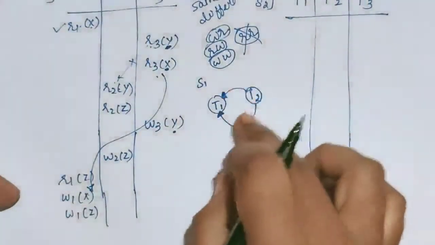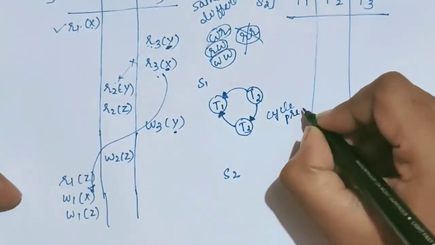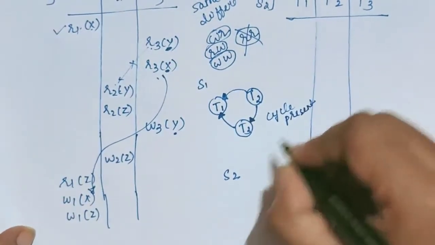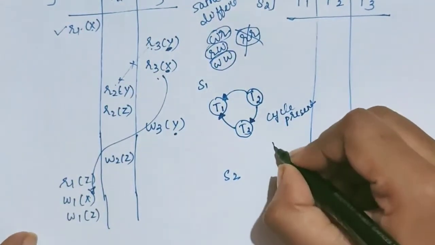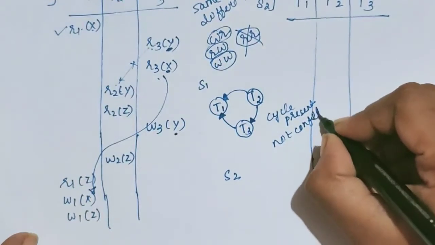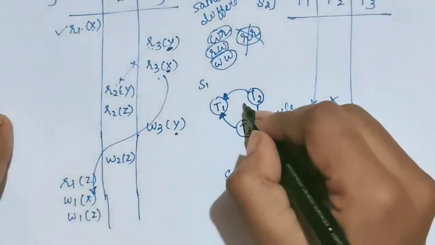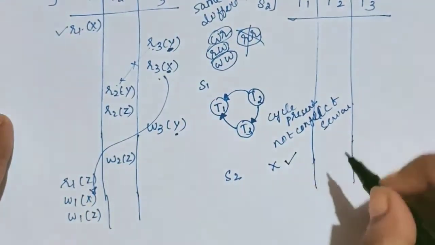And if you find any cycle in the precedence diagram, then it is not conflict serializable. If a cycle is present, it is not conflict serializable, okay. If a cycle is not present, then it is conflict serializable.